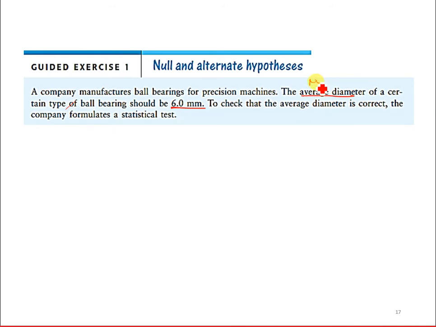Now, to check that the average diameter is correct, the company formulates a statistical test. The company just wants to check that it is correct. They are not saying that it is less or more. They just want to check whether it is correct or not. So we say that it is equal to 6 mm or not equal. This will give you the basis for the alternative hypothesis, and this will be for the null hypothesis.